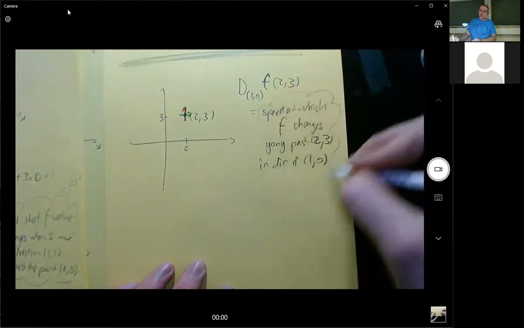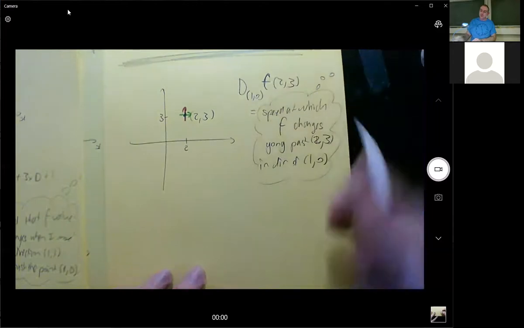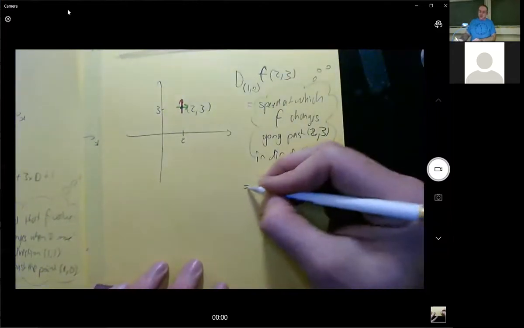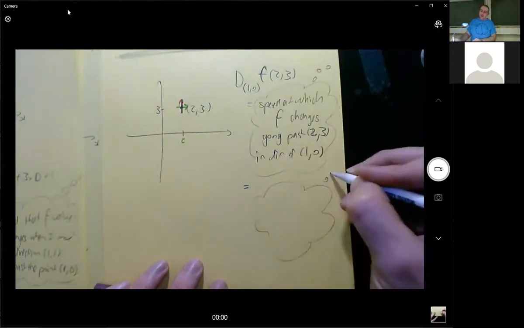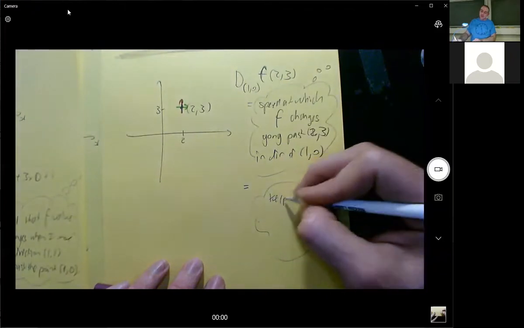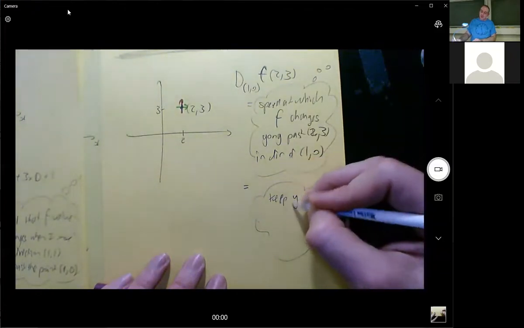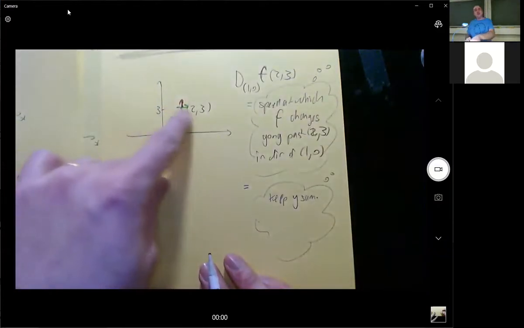That's what this is the same as, I'm going to think of this, keep the y value the same because I'm going this way, so that's always going to stay at height 3.